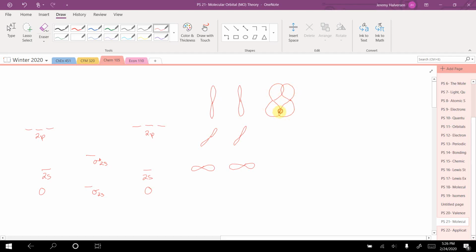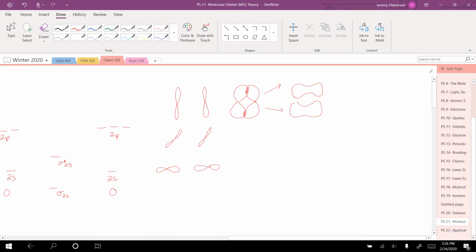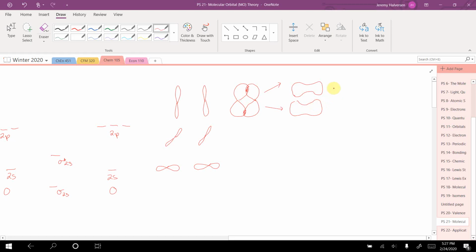Okay, so let's now imagine these parts add together constructively. What you're going to end up getting is something that looks kind of like that, and we usually draw it, sorry, I should have drawn this all lower. We usually just draw it like that.